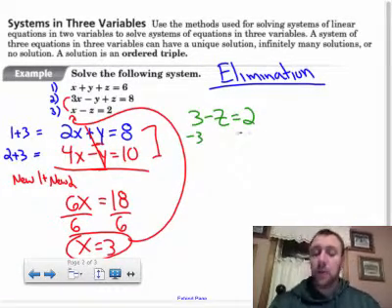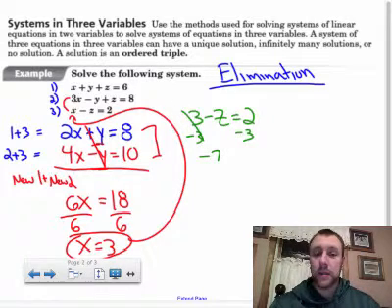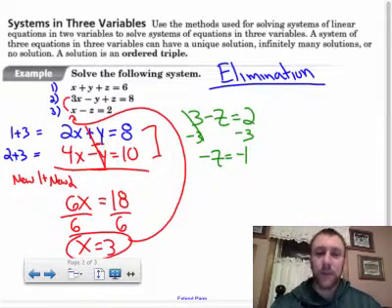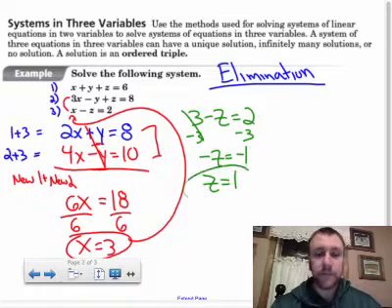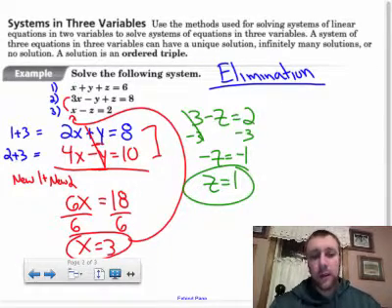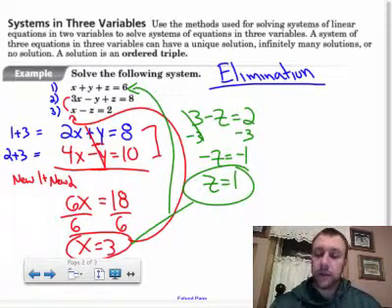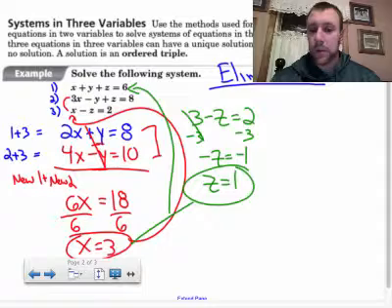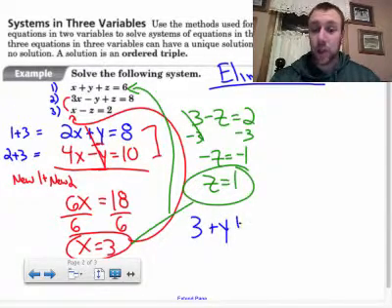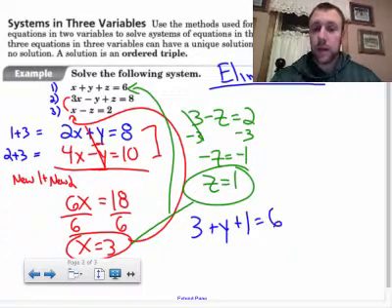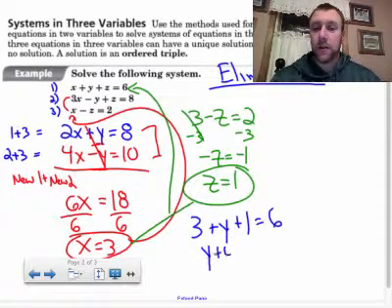Now I can take both of those and plug them into the easiest equation. I think the first equation is the easiest one. So I can now solve for y. 3 plus y plus 1 equals 6. I can combine like terms, or I can also figure out that y is going to be 2. So now I've solved for all three variables.